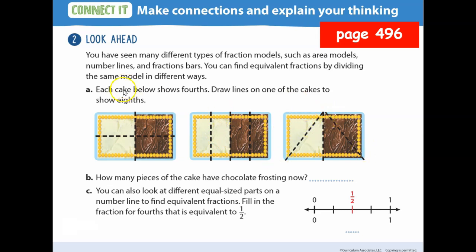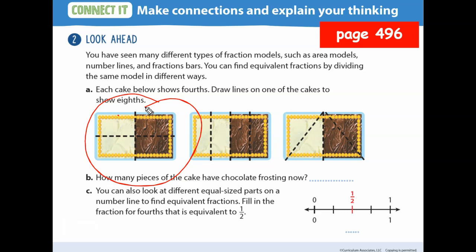Okay. So it says each cake below shows fourths. Draw lines on one of the cakes to show eighths. How would I do that? If I have 4, what am I going to do to show eighths? Cut them in half again.